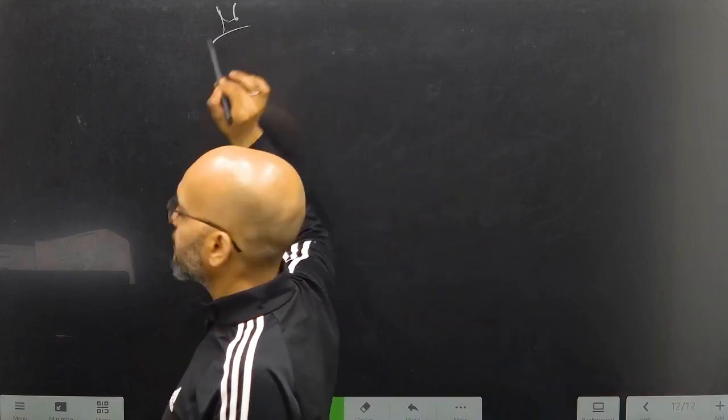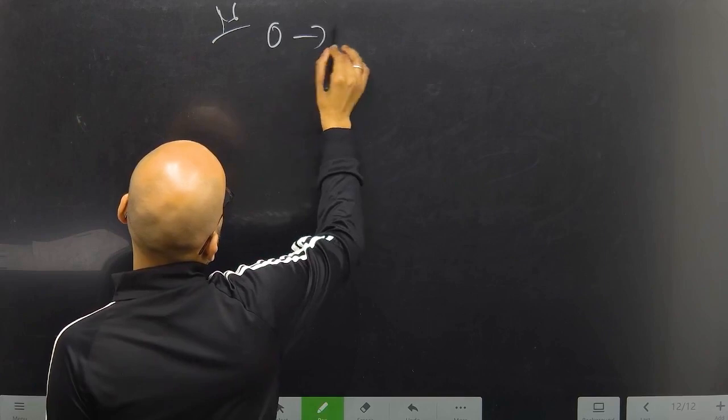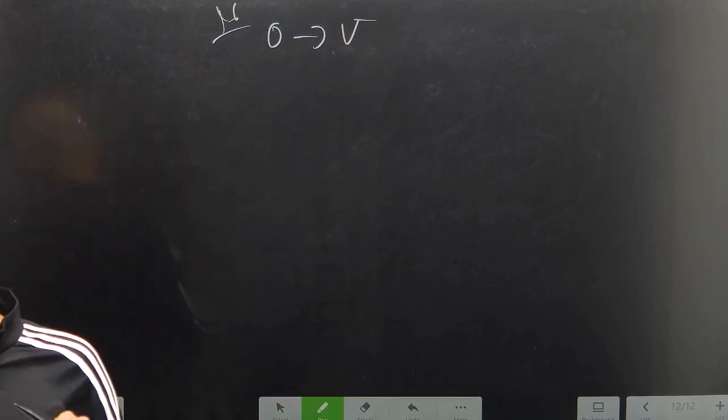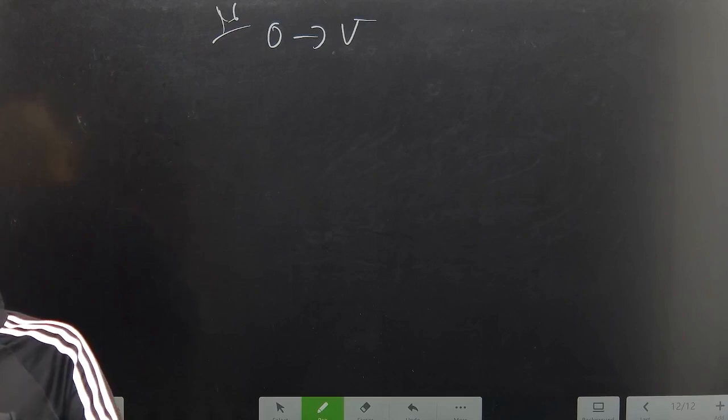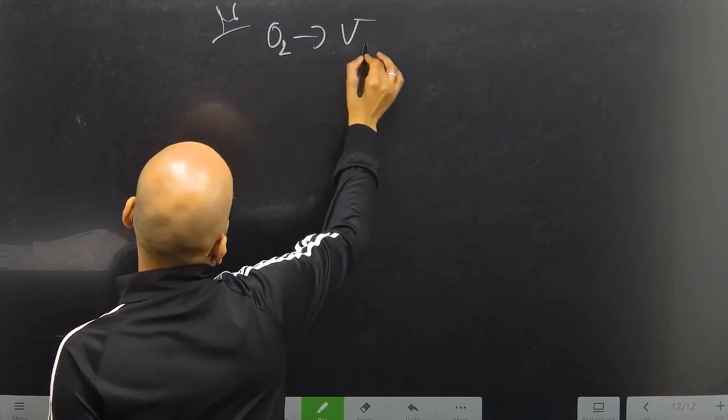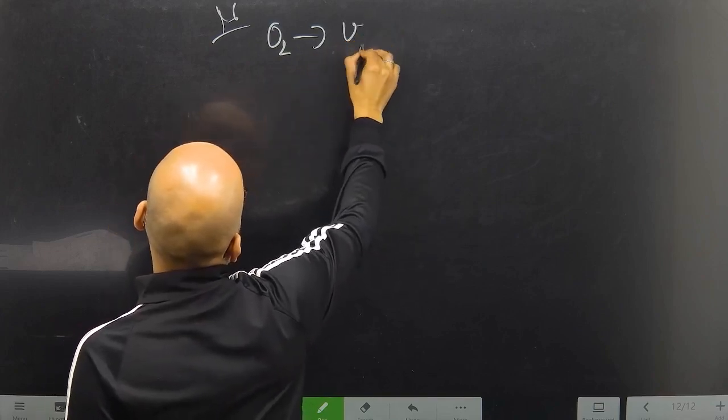Next question. It is saying that the RMS speed of an oxygen molecule in a gas is V. If the temperature is doubled and the oxygen molecule dissociates into oxygen atoms, then the RMS speed will be, no problem.